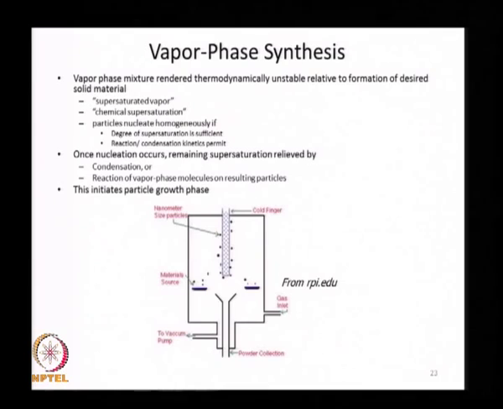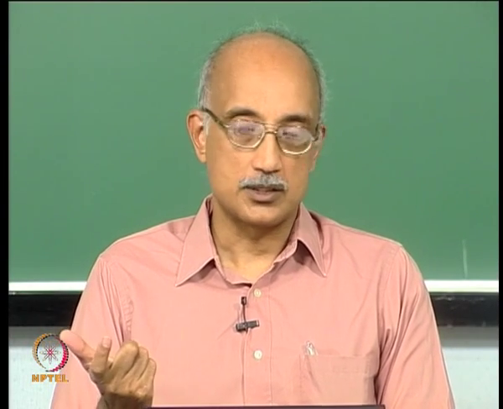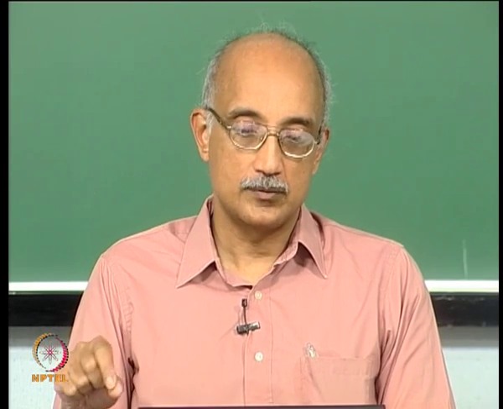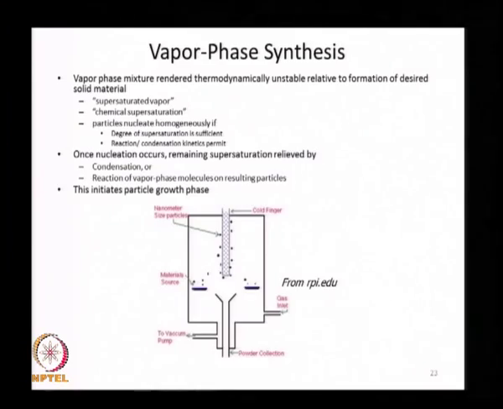So, the nuclei that are formed start growing by these two mechanisms: condensation of the vapor that is still left in the gas phase onto these nucleated particles, as well as reaction between the vapor phase molecules and the resulting particles. So, this is what initiates a particle growth phase.